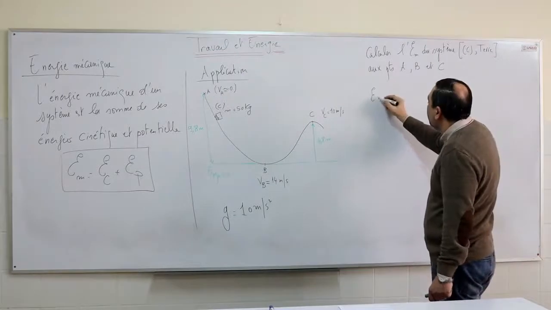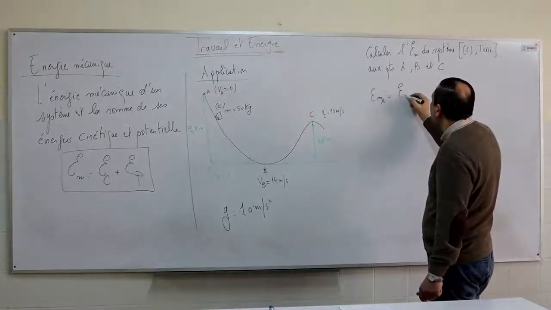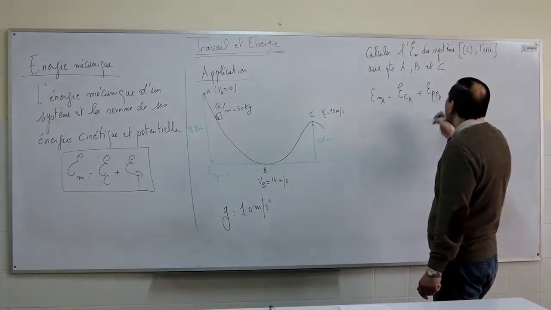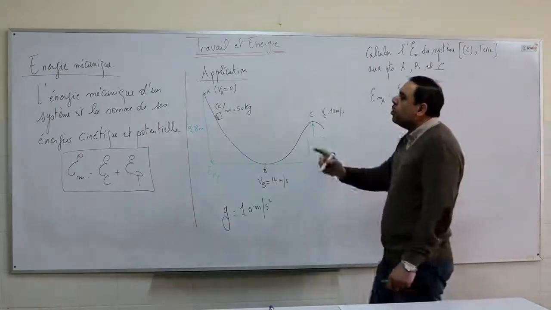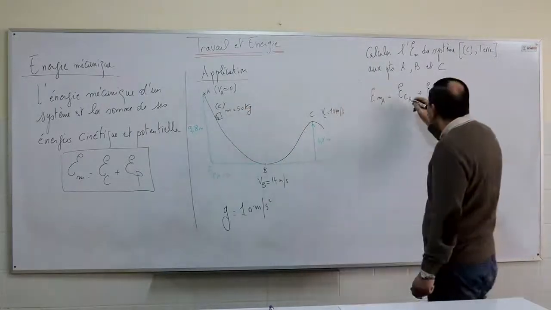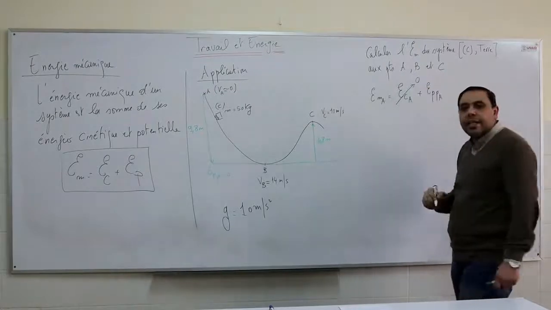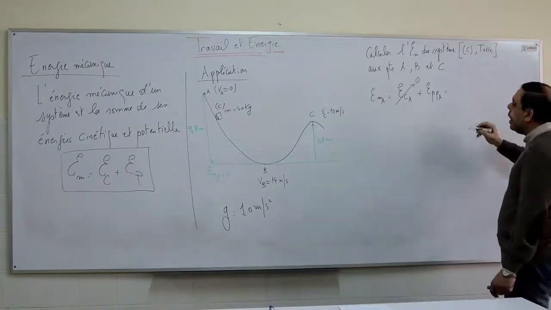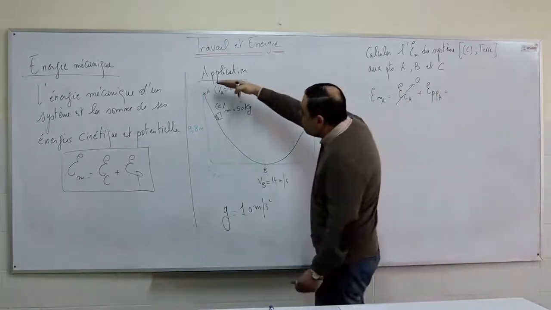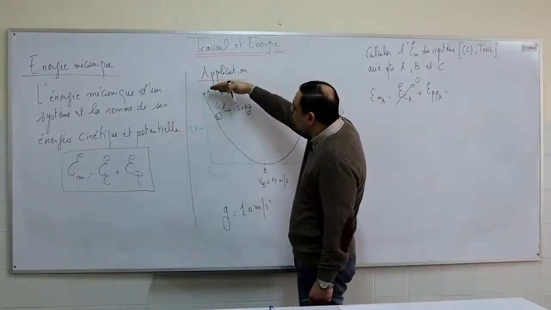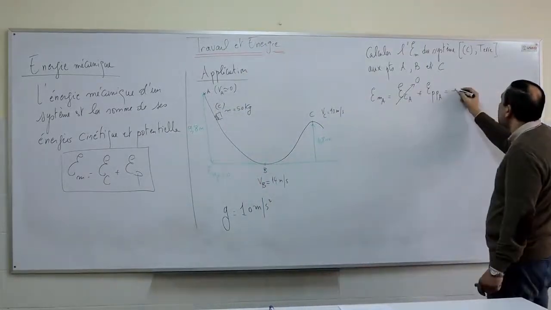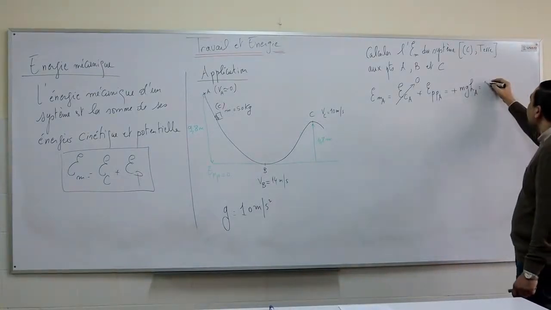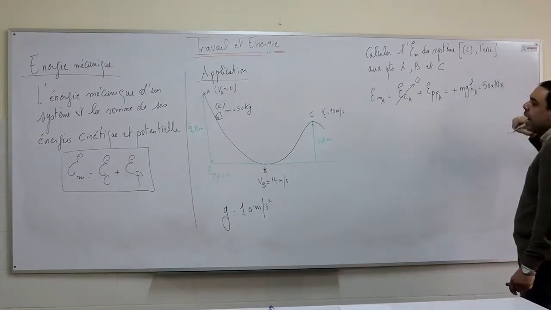The mechanical energy at A is the kinetic energy at A plus the gravitational potential energy at A. The cart leaves A without speed, so its kinetic energy at A is 0. And since A is above the reference level, we write plus mgh_A, which is equal to 50 times 10 times 9.8.